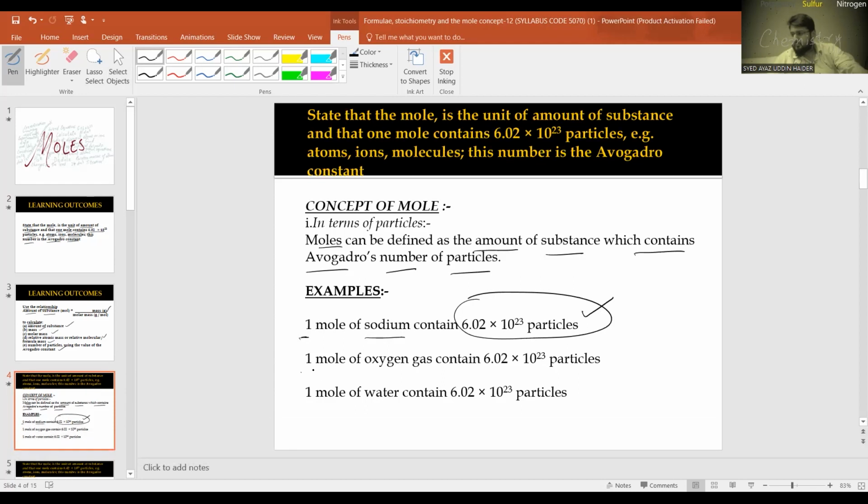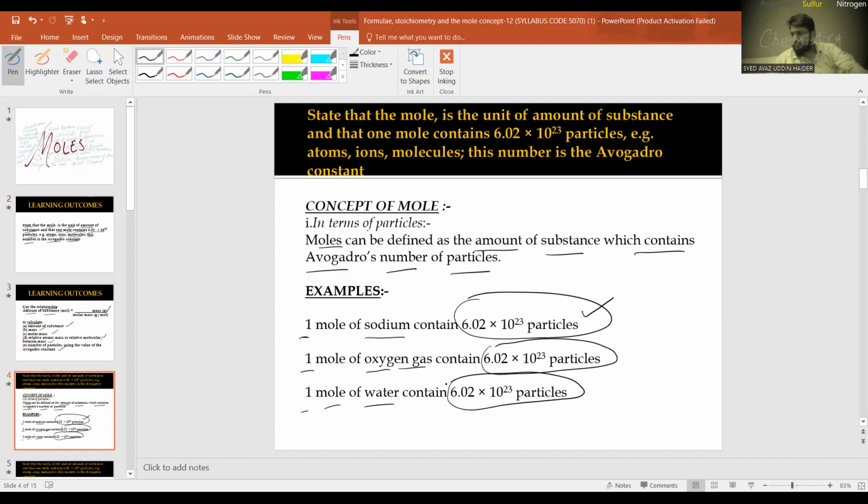When you say 1 mole of oxygen gas, again you have the same number of particles, 6.02 × 10^23 particles. And when you say 1 mole of water, again the number of particles will be 6.02 × 10^23.